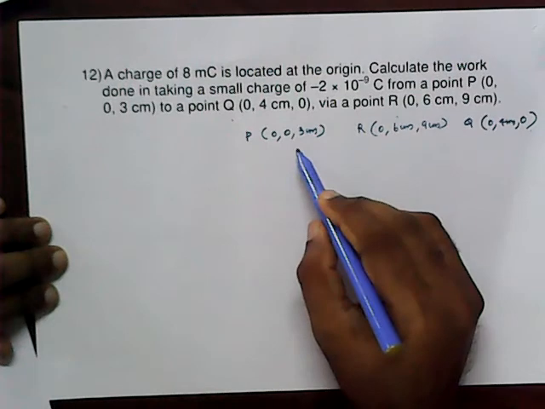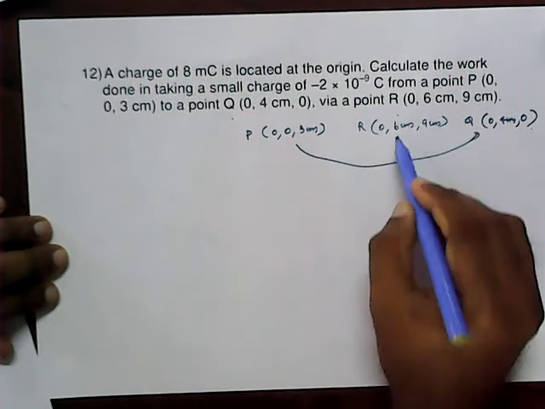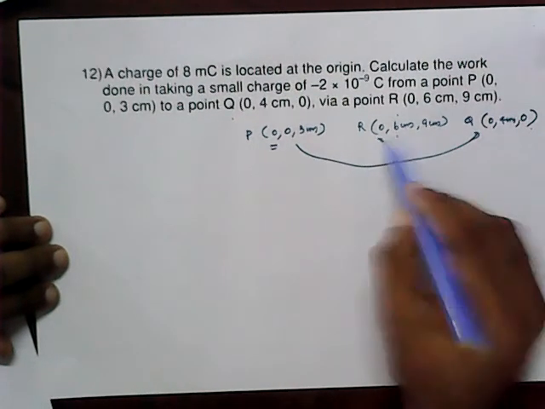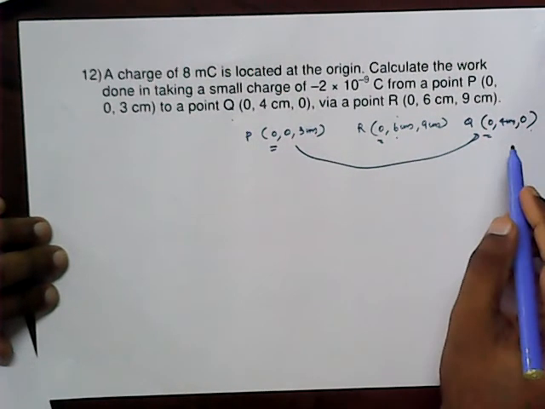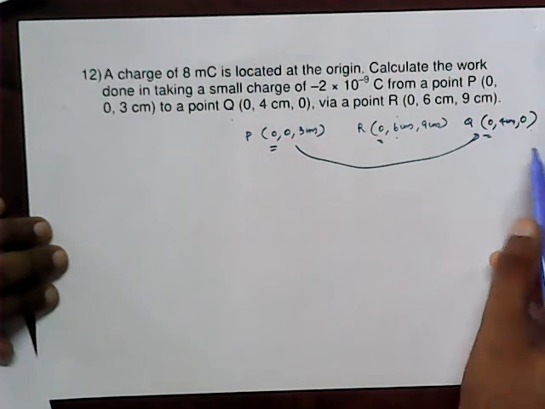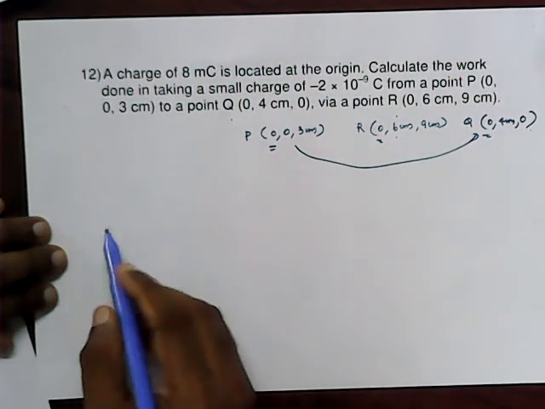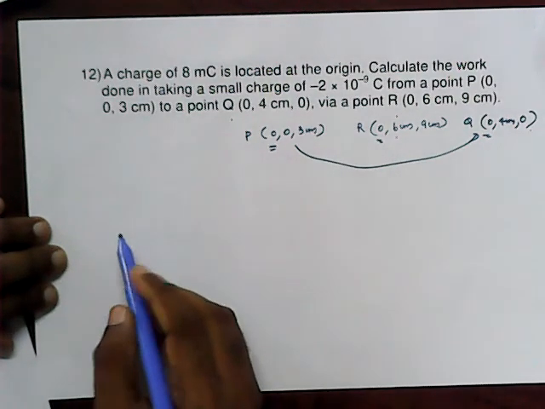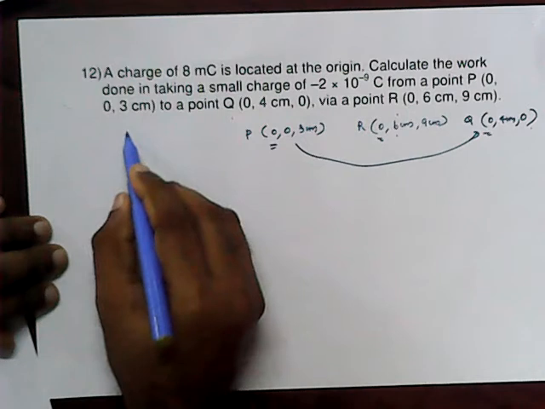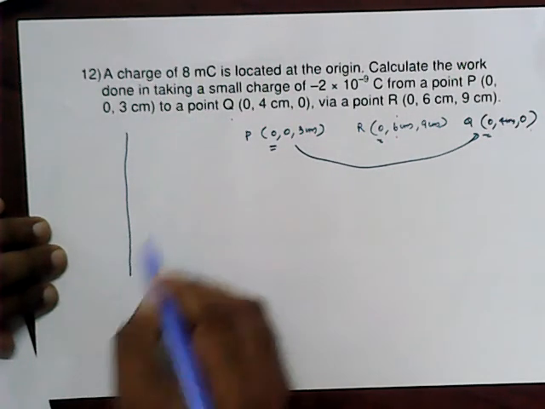So it will move from P to Q through R, but here all the X parameters are 0, so we can consider only Y and Z. That selection is very important based on this problem. So we can draw the Cartesian coordinate system.